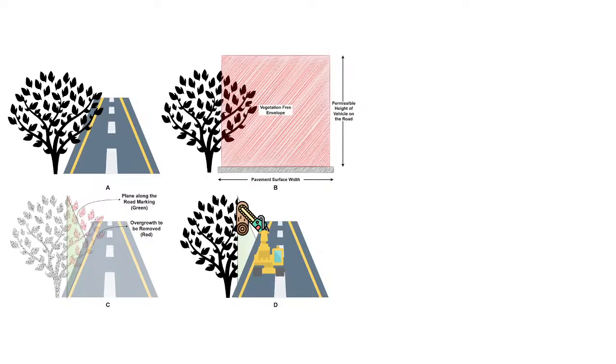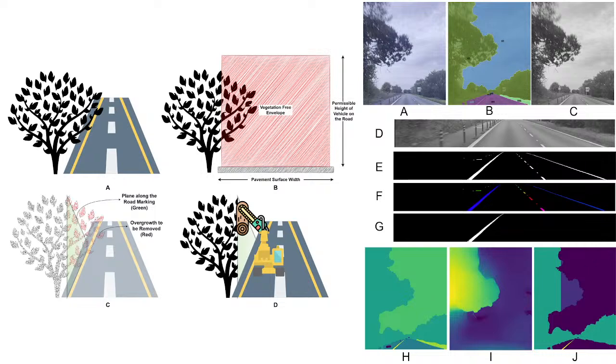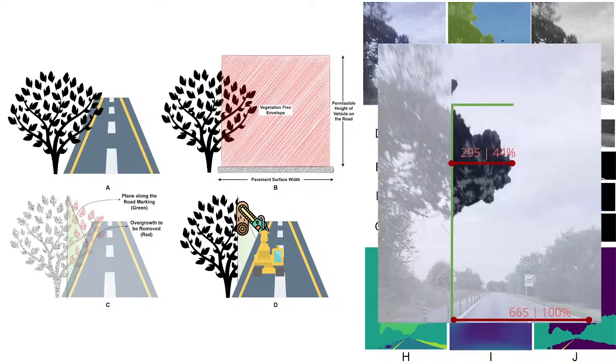So the road marking is one side of this vegetation-free envelope. We went ahead with a very basic technology, a mobile phone camera. We collected a video of a stretch, and then we segregated the frames where this overgrowth was available. We demarcated the roadside marking, and finally we were able to see what type of vegetation was coming onto the road.